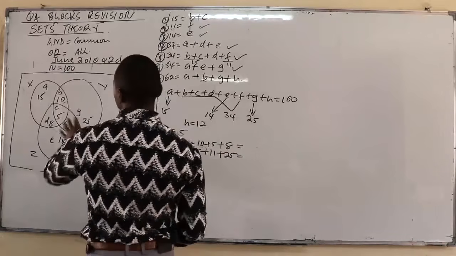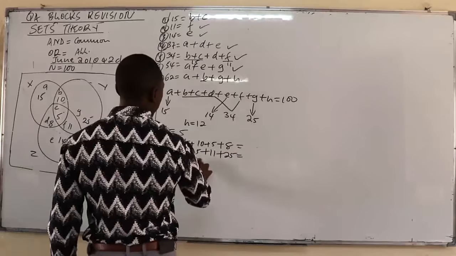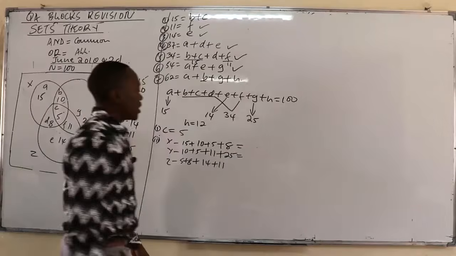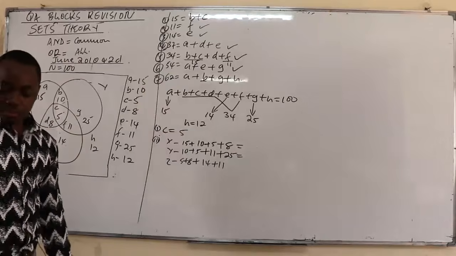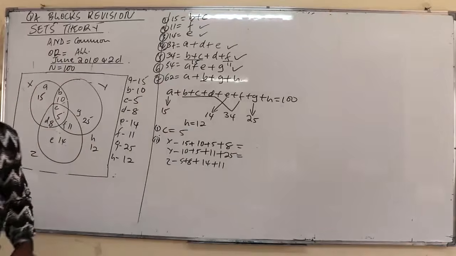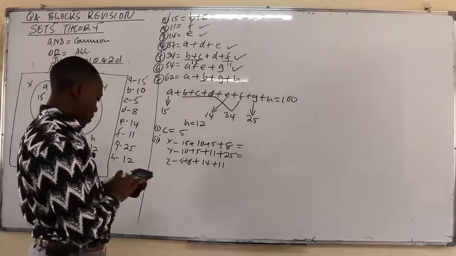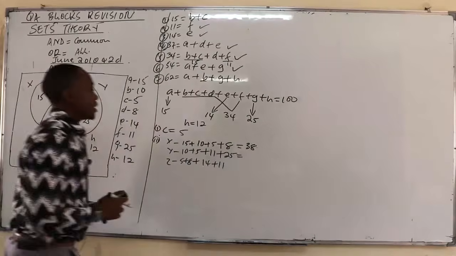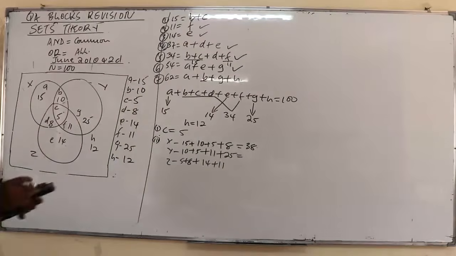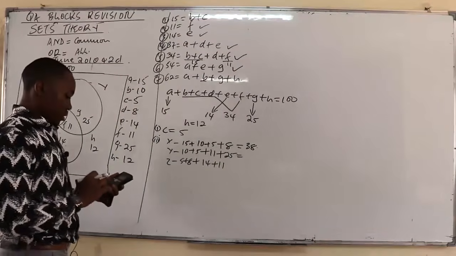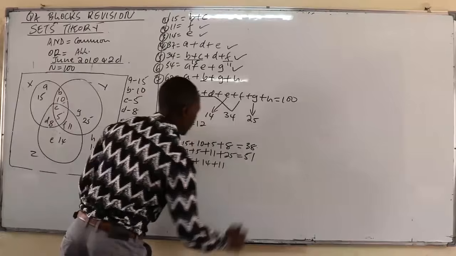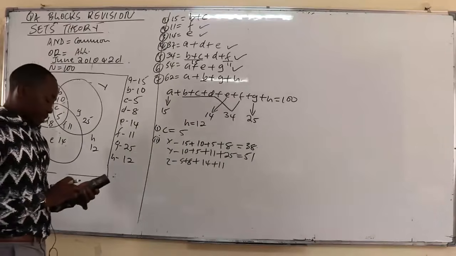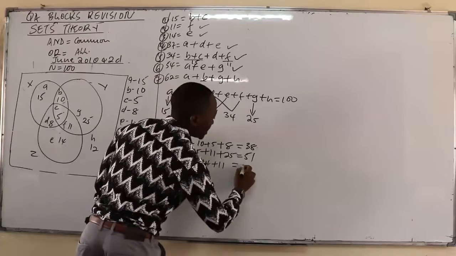And all the members in Z, we have 5 plus 8 plus 14 plus 11. That gives 38 for X, 51 for Y, and 38 for Z.